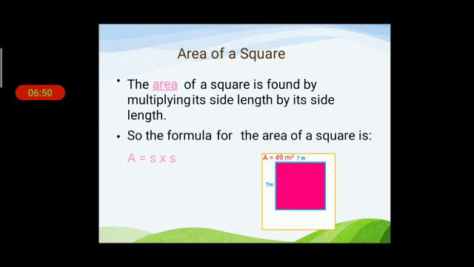Students, the area of a square is found by multiplying its side by its side. So, the formula for the area of the square is side into side. In this figure, the side is 7 meters. So, the area is 49 meters square.